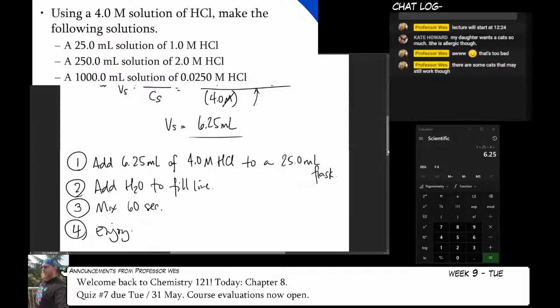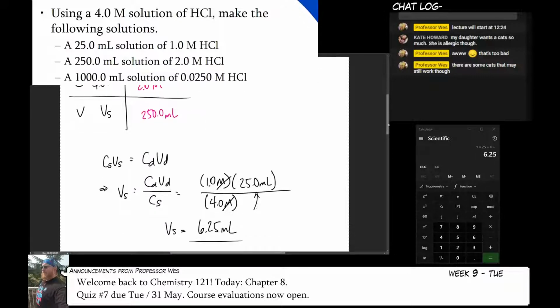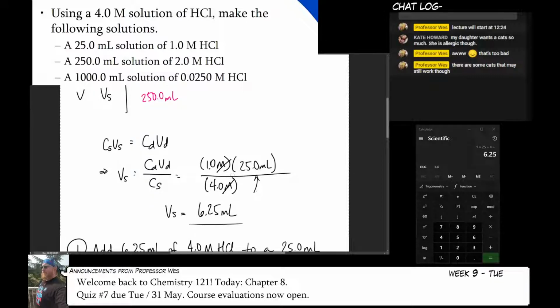Now for the second problem, we're going to go back up here, and I'm going to overwrite in pink what changed. So I need 250 milliliters this time, and I want 2 molar HCl. We're just going to plug in different numbers.